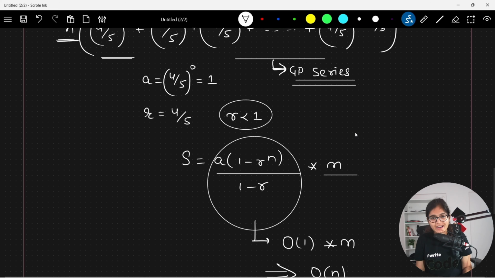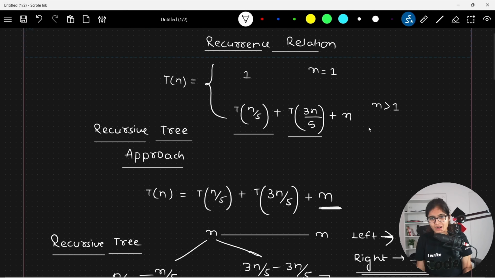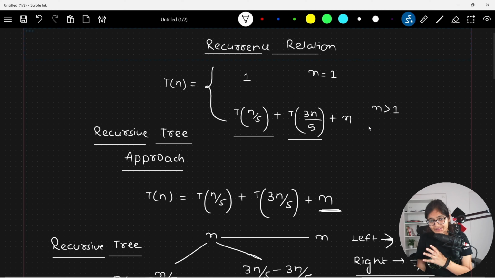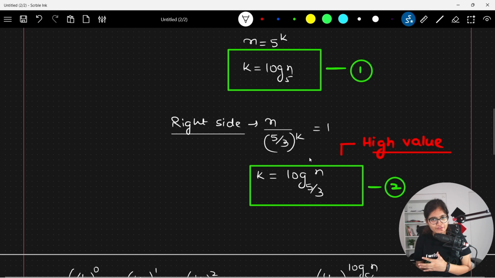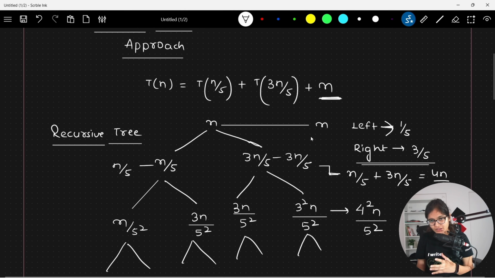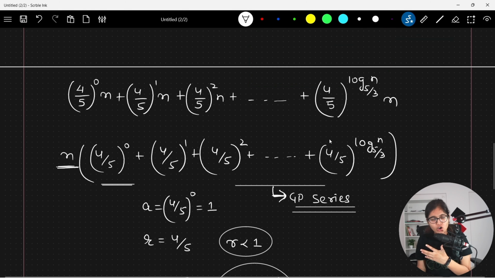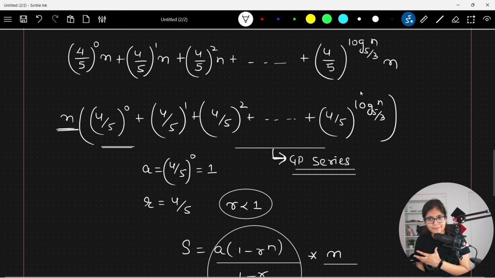So again, if you observe from the scratch until the very end, we first have to form a recursive tree. We have to find the maximum value of k. We have to see whether the cost requirement at every level is the same or different. If it's different, we just need to add all of them until the value of k.